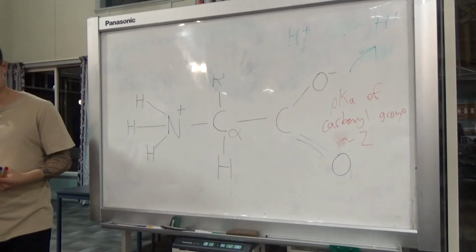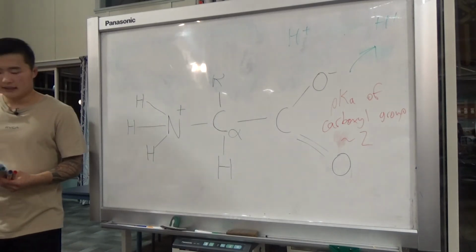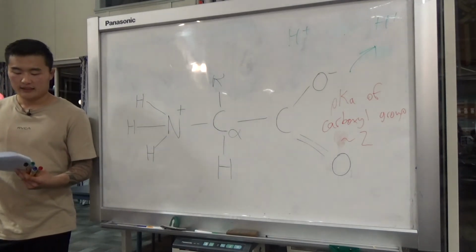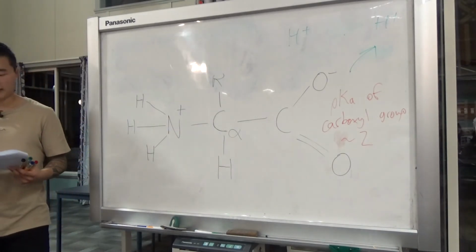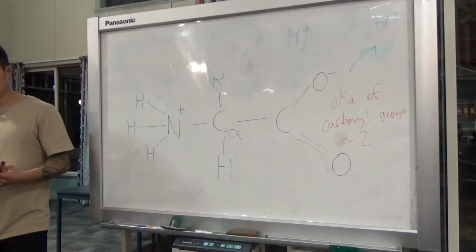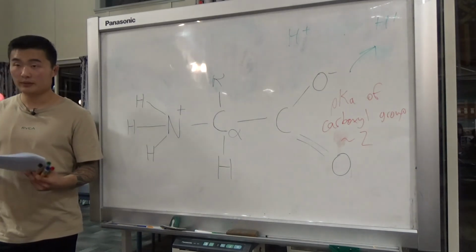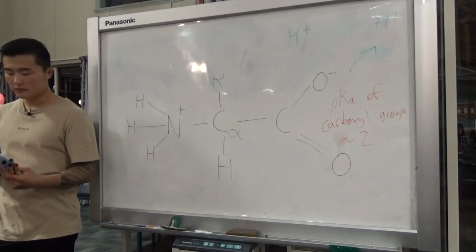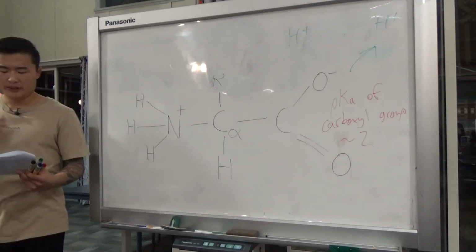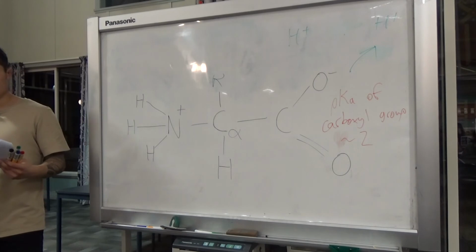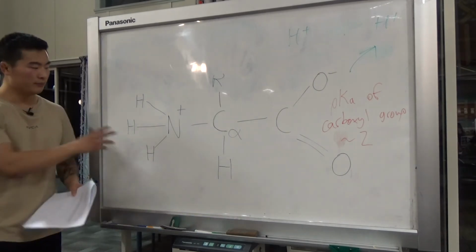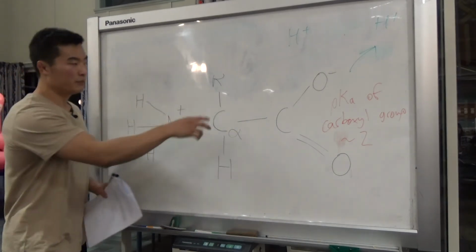Okay? And so an amino acid exists normally as a zwitterion, and that means it possesses both a positive and a negative charge, but it's going to be neutral overall. And so the pI is going to be the midway point between the pKa of the two ionizable groups, which is the amino group and the carboxyl group.